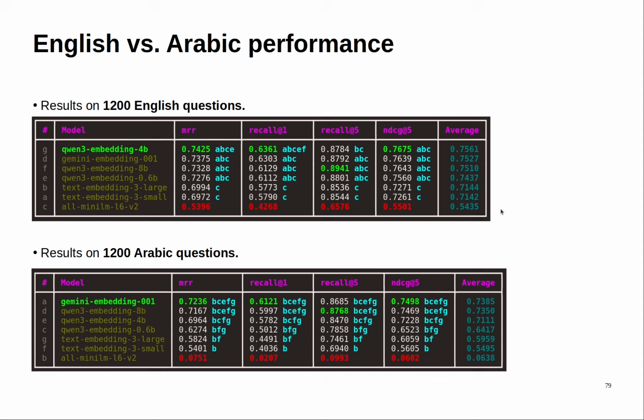And if we look at the scores, we see that the scores didn't drop too much, especially the top three performers, one of the Qwen models and Gemini, they always get a score higher than 70%. But if we look at the OpenAI models, the performance dropped from 71% to 59%.